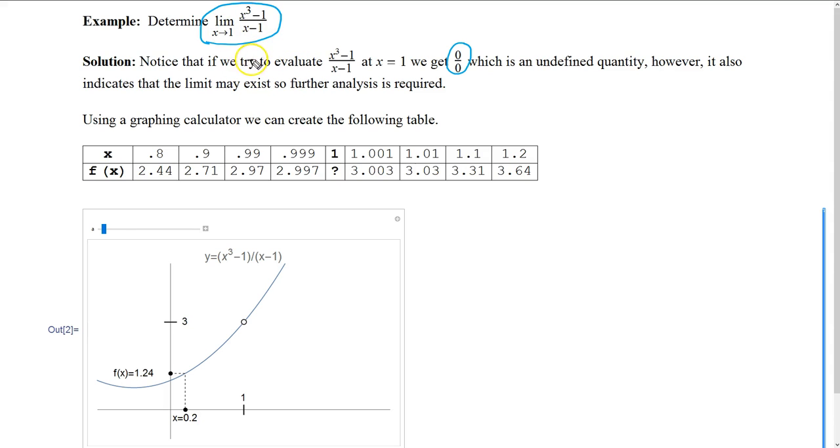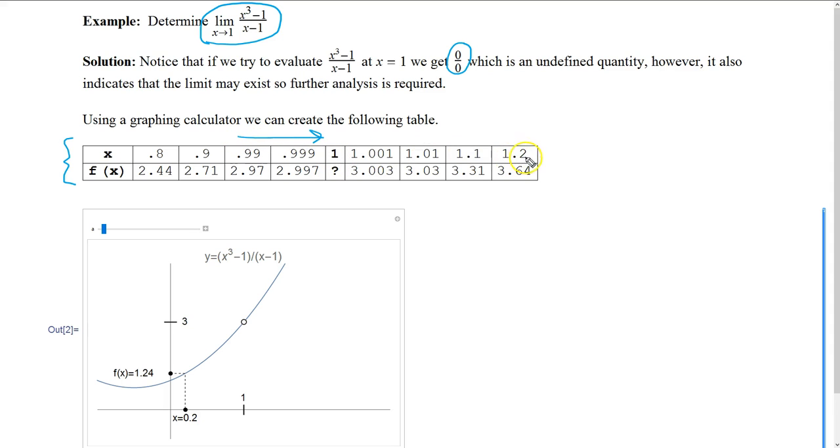So for this particular problem, we're going to create a table, and we'll also look at it graphically to try to evaluate the limit. So here we have a table. So we have our x values. Notice we have values like 0.8, 0.9, 0.99, 0.999. They're getting closer to 1 from the left.